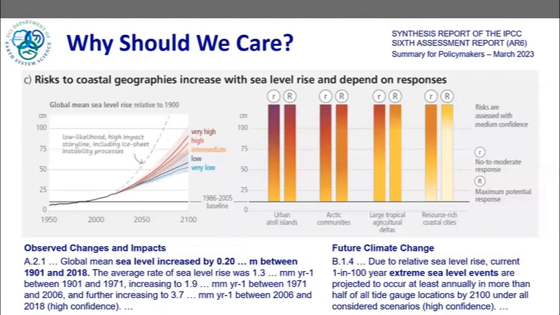So why should we care about ice sheets and the record? It is sea level rise. I already mentioned this, and this is a graph from the synthesis report of the IPCC that came out in March. It shows that we have a number of scenarios in terms of CO2 emissions and warming, and how that will impact mean global sea level rise.